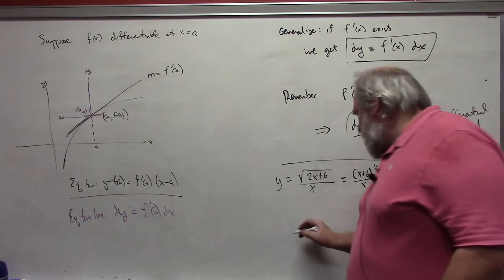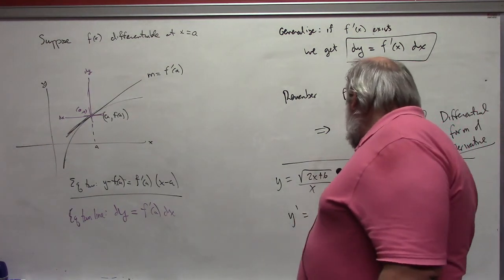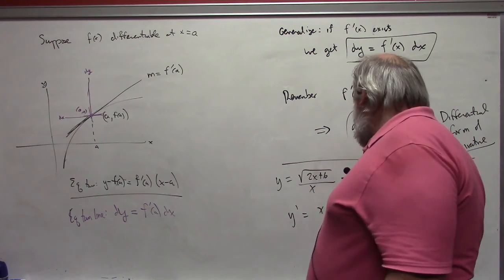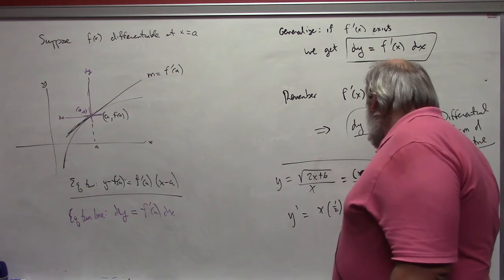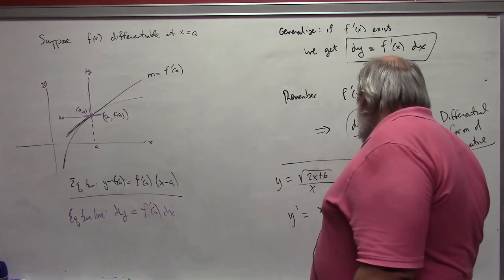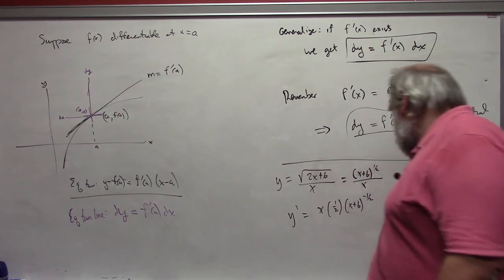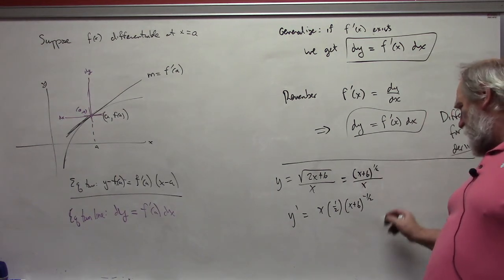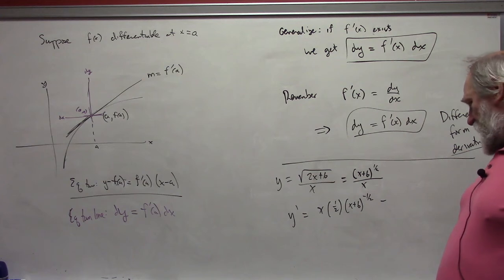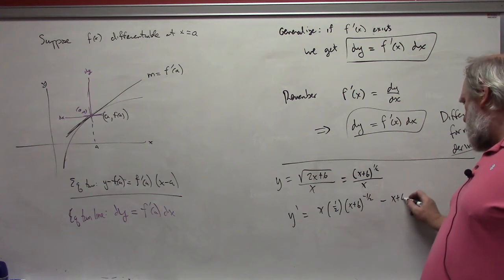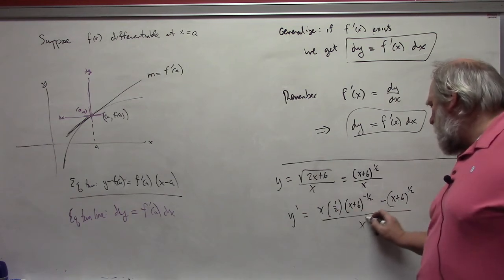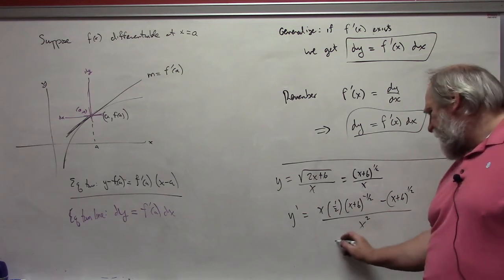The derivative in this case would be the bottom times the derivative of the top, which is 1/2 times x plus 6 to the negative 1/2 times 1, it's a chain rule, minus the top times the derivative of the bottom, which is 1, all over the bottom squared.